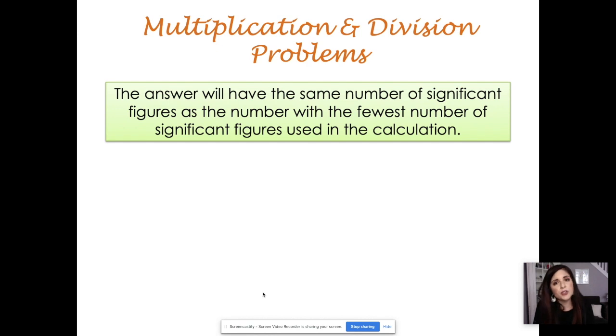So your answer will have the same number of significant figures as the number or measurement with the fewest number of significant figures used in that calculation. Again, your answer can't be way more precise than your least precise measurement. You can't do that. So you can only be as precise as your least precise value. Again, I think it's easier to do them than it is to talk about how to do them. Let's go ahead and do a couple problems here.